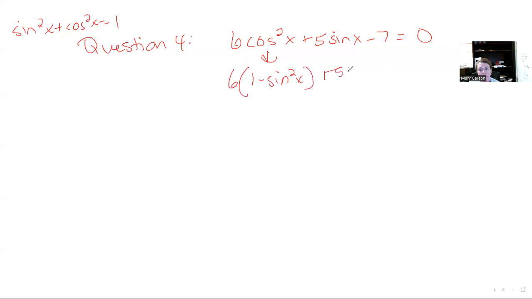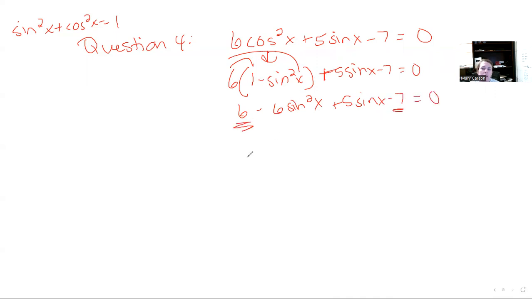And then we just rewrite everything else. Okay. And now we're going to try to solve this. This is 6 minus 6 sine squared of x. It's 5 sine of x minus 7. And I can combine these. This would be negative 6 sine squared of x plus 5 sine of x minus 1 equals 0.